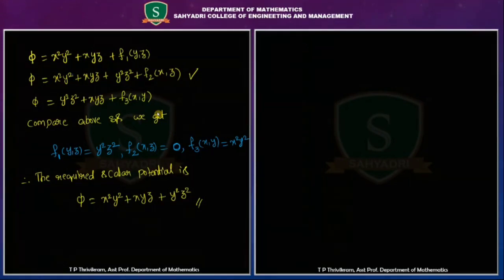Sir, how did you write that scalar potential, sir? Any one function you write, phi value, by substituting this one or this one or this one. Any one equation you write by substituting f1 or f2 or f3.